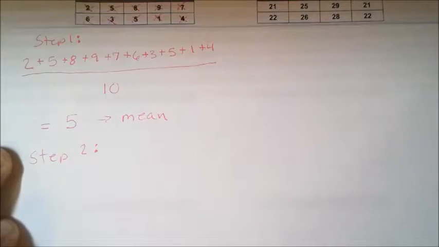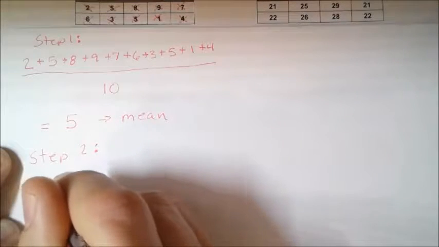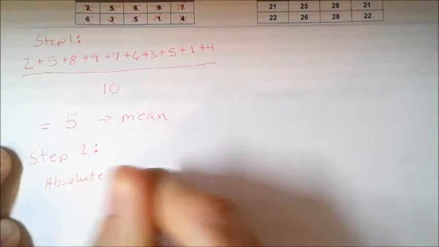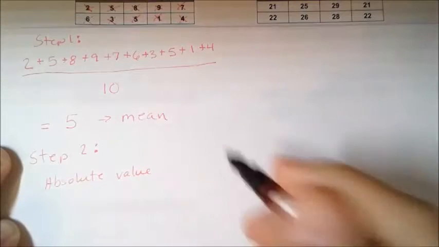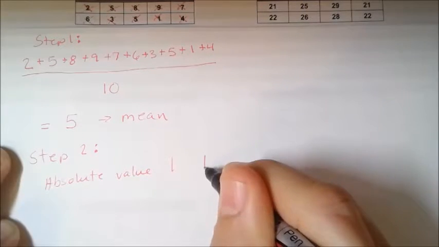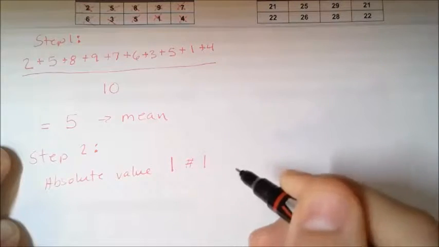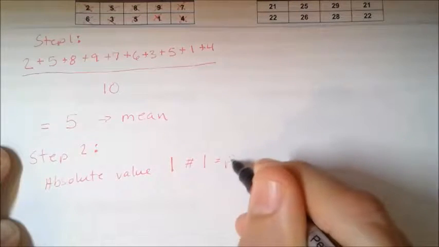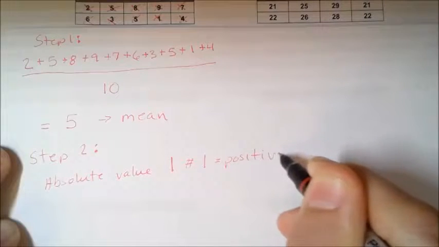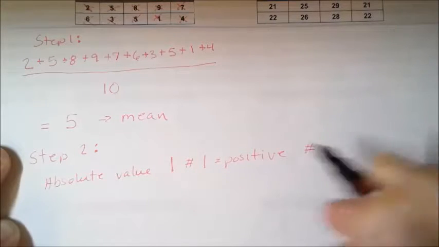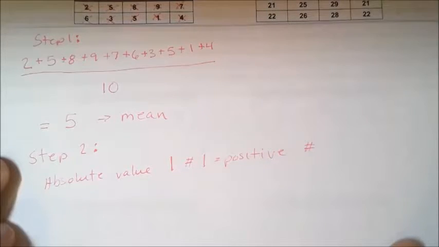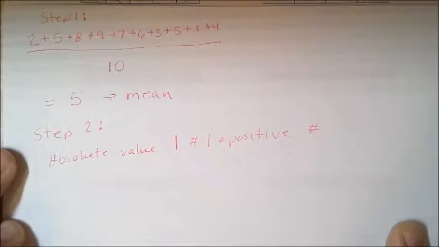And what that means is an absolute value, I'm going to write this on here, absolute value, you'll use this a lot in high school, and they're going to have these brackets, and whatever number goes in here is always going to be positive, equals a positive number. It doesn't matter if it's negative or not. So the fastest way to do this is just keep in mind that you're going to do subtraction, but you're going to ignore the negative sign in your calculator, and everything you write will be positive.